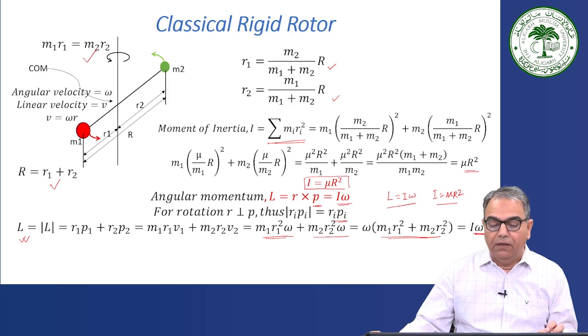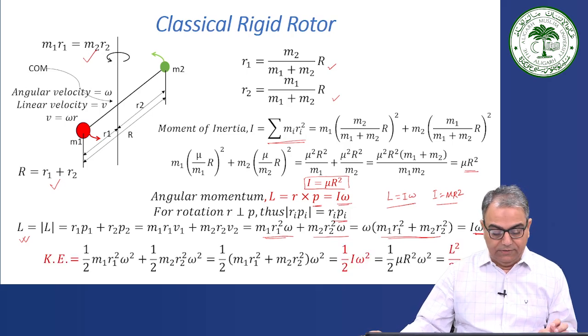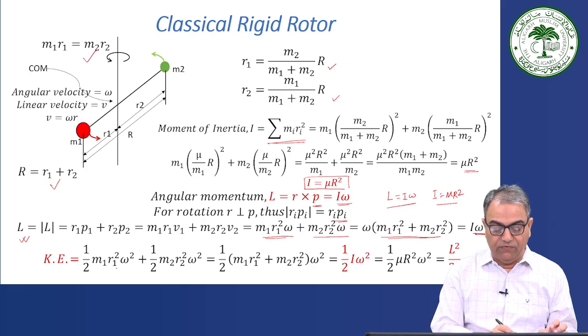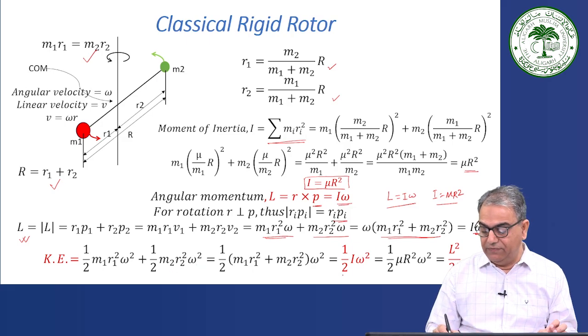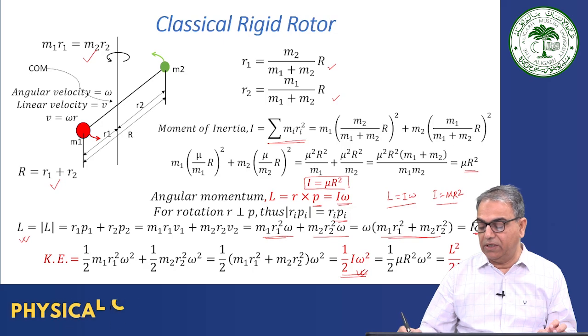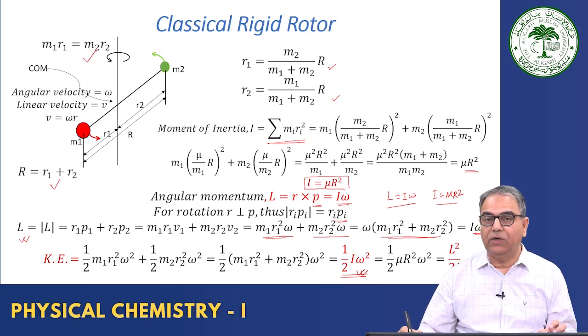Now if we go for kinetic energy, it is given as 1 by 2 m1 r1 square omega square plus 1 by 2 m2 r2 square omega square, and then kinetic energy is equal to 1 by 2 I omega square, or in terms of angular momentum, L square divided by 2I.